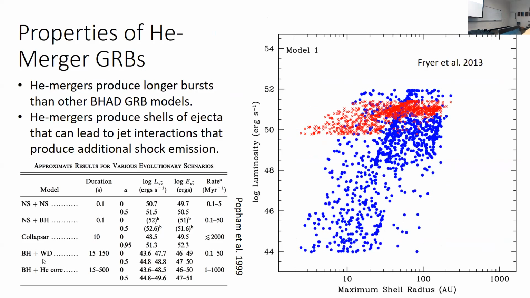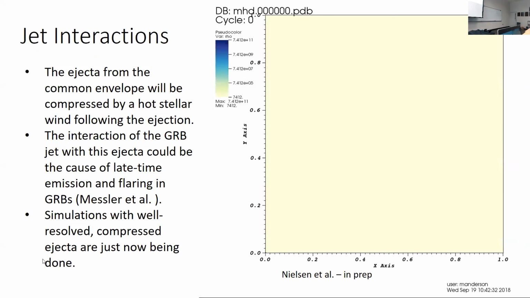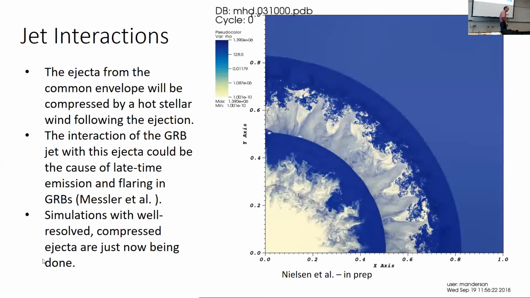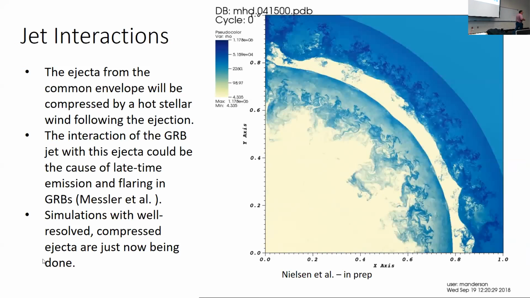And okay, imagine this is a jet. So we're studying that jet and the interactions. That doesn't look like a jet. It's because we're doing a spherical explosion. But imagine that we're just studying the physics of that jet.